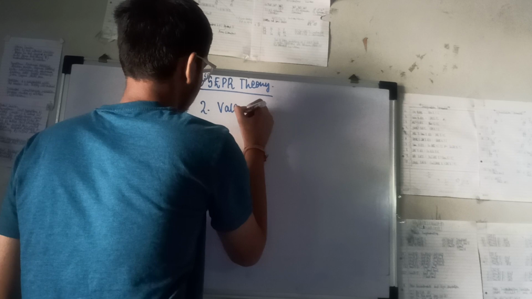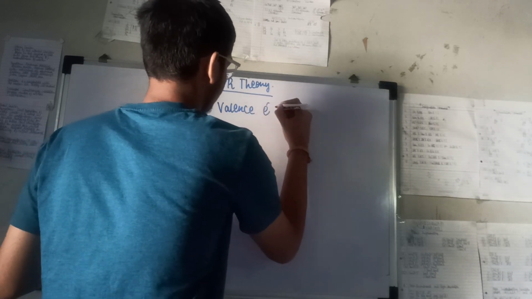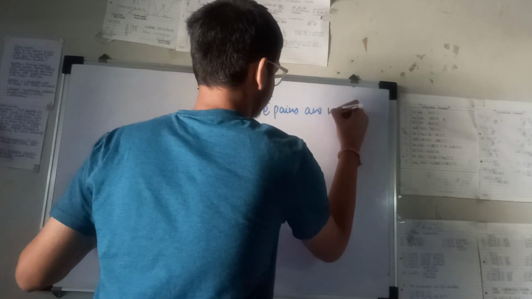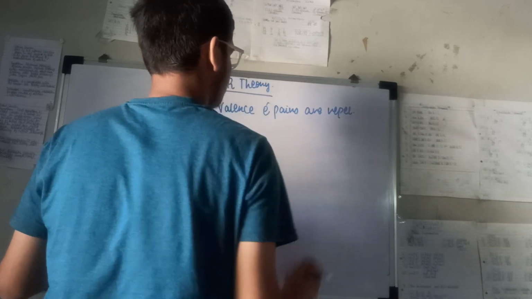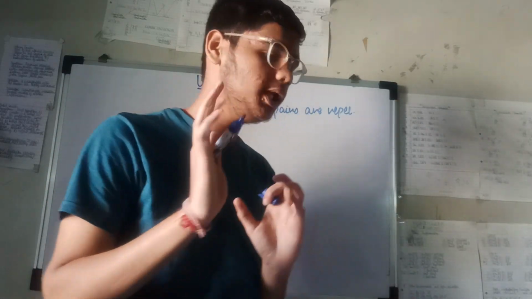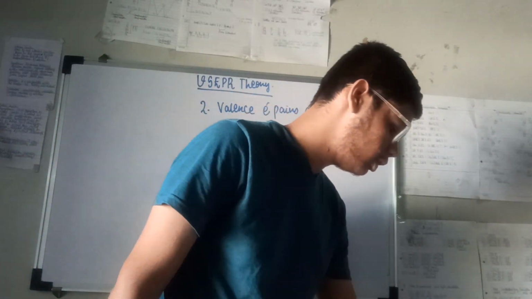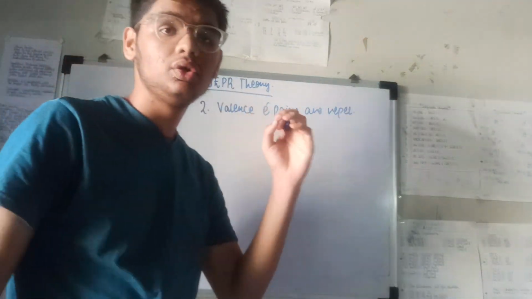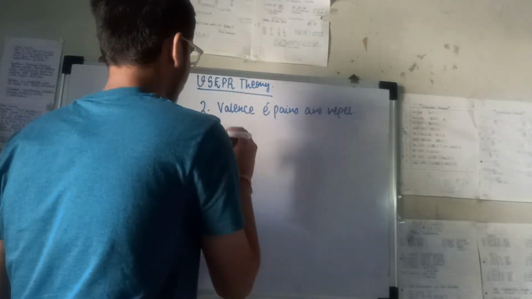So here we can see on the second point, valence electron pairs are repelling each other since the electron cloud is negatively charged.